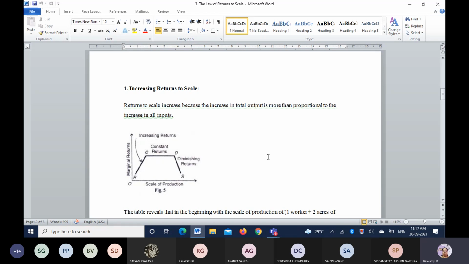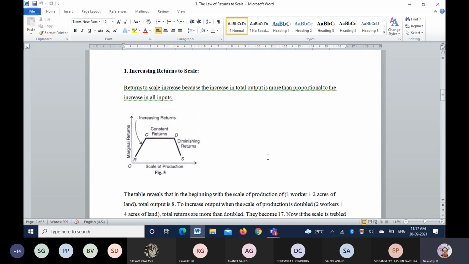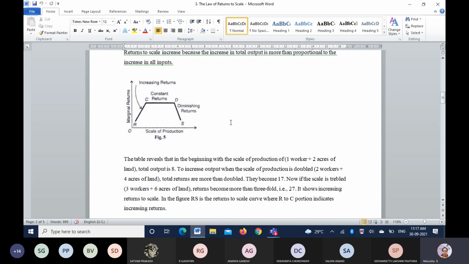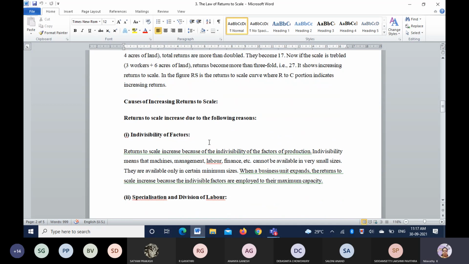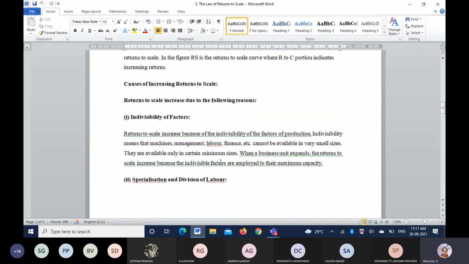That is what is explained in this law of returns to scale. So it's very simple. This is a general theory, and here they have given the reasons for why sometimes you have increasing returns, sometimes constant returns, and sometimes declining, decreasing returns.